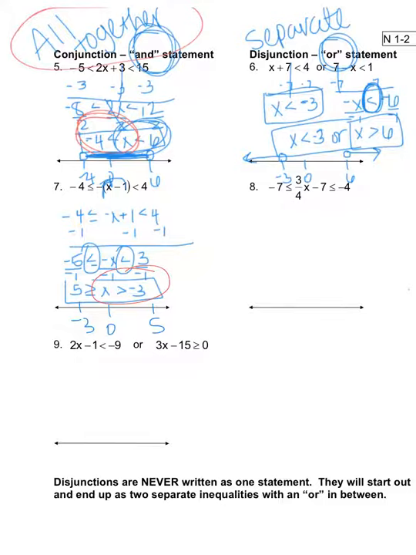So it's not equal to, so it's open. Everything greater is to the right. And then notice that we have x is less than or equal to 5. So that's equal to, so it's closed on 5 and everything to the left. So again, those graphs should be connecting.